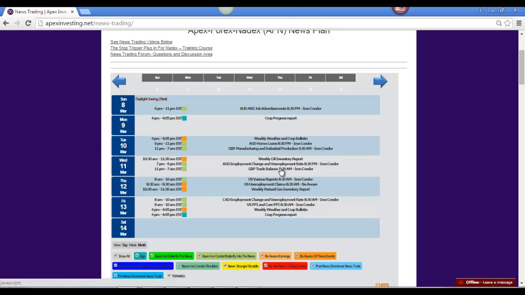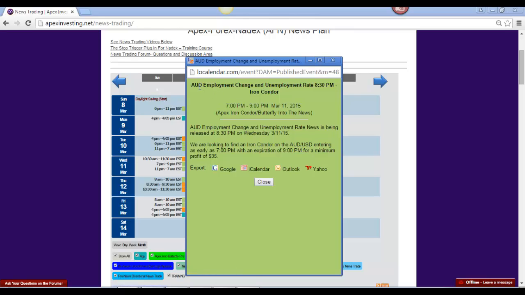pound trade balance, iron condor, Aussie unemployment. You can click on one of these and it'll tell you, the Aussie unemployment change is coming out tonight. Look for iron condors. Looking to get an iron condor, entering it at this time with an expiration at this time, for a minimum. We have it all laid out for you.